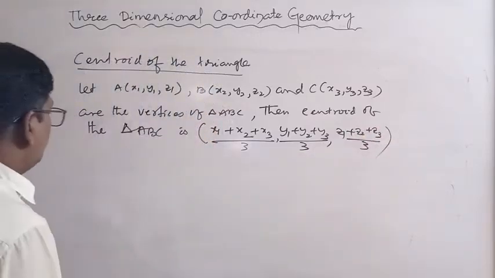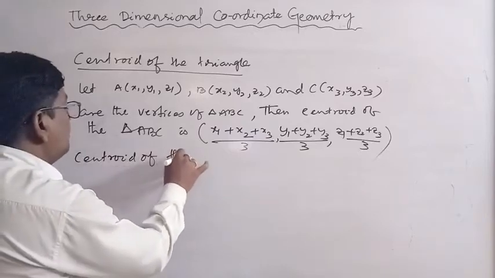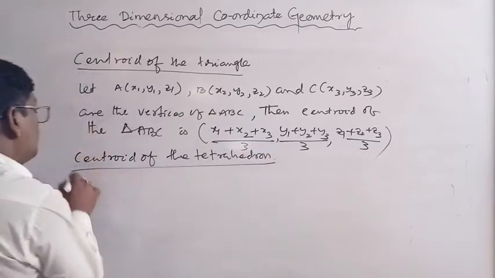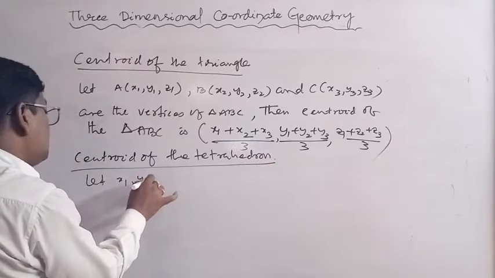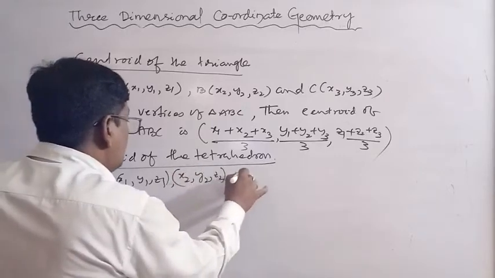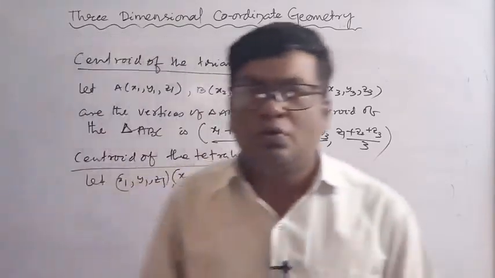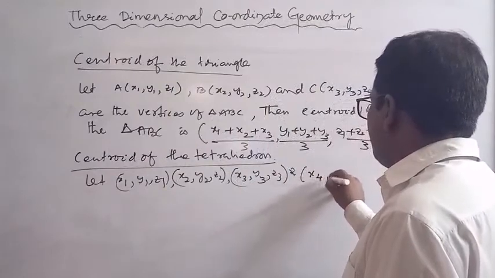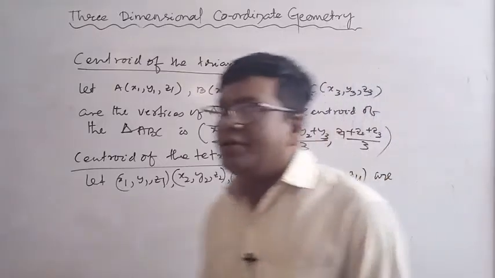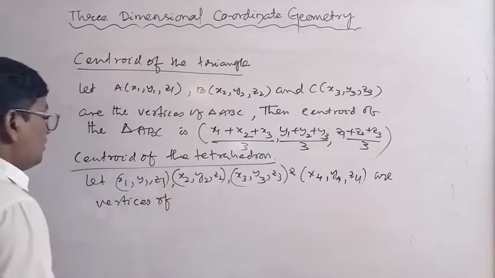Now centroid of the tetrahedron. Let x1, y1, z1, x2, y2, z2, x3, y3, z3 and x4, y4, z4 be the vertices of a tetrahedron.